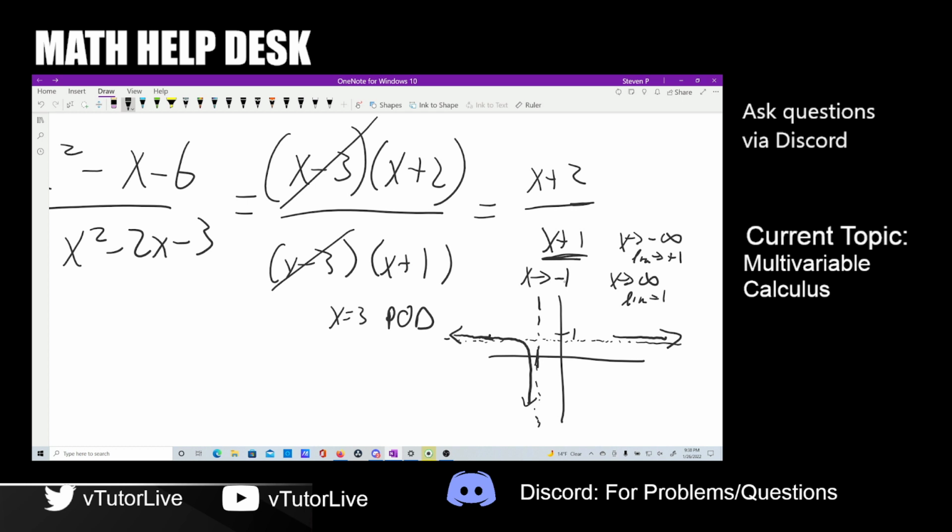It looks like it's going to approach negative infinity coming in from the left, because if x is equal to -1.1, the top term is going to be positive and the bottom term is going to be negative. Whereas coming from the other side, it looks like it's approaching positive infinity, because for x equal to -0.9, this is going to be positive and that's going to be positive.